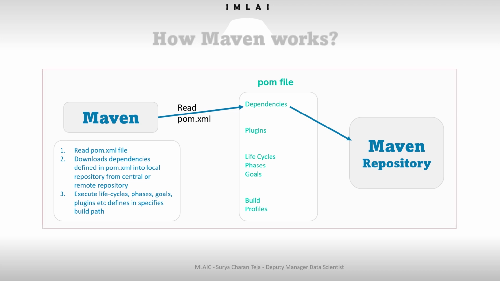A Maven command is the name of a build life cycle, phase, or goal. If a life cycle is requested by giving a Maven command, all build phases in that life cycle are executed also. If a build phase is requested, all build phases before it in the defined sequence are also executed.